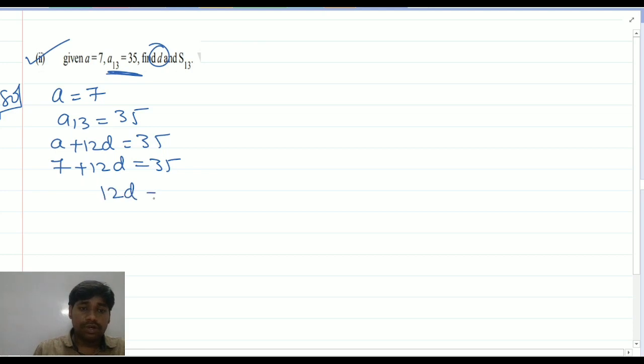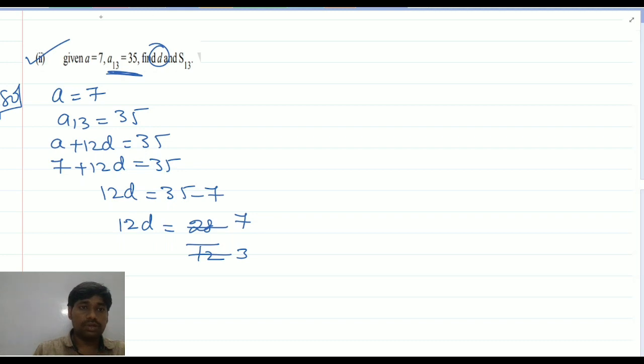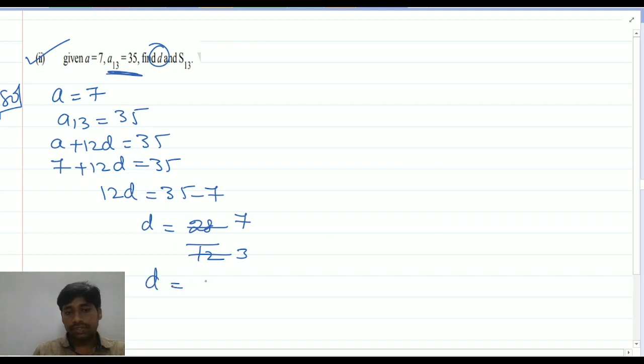Then 12d is equal to 35 minus 7, which is 28. So d is 28 by 12. The common difference d is equal to 7 by 3.